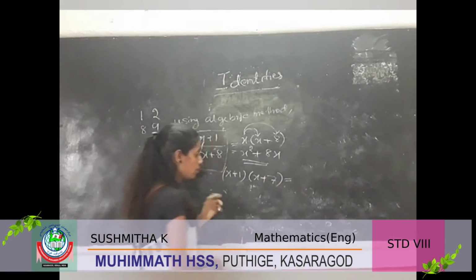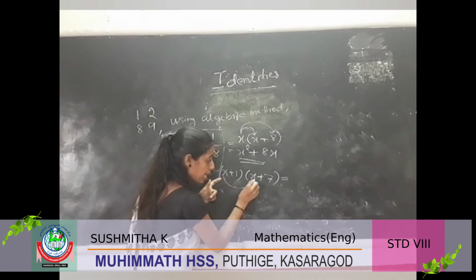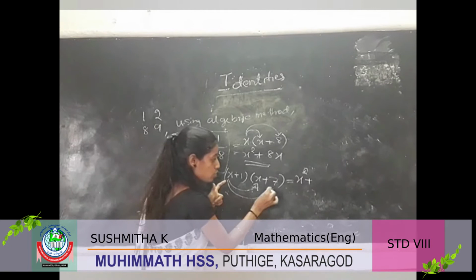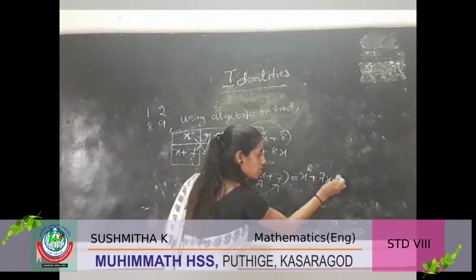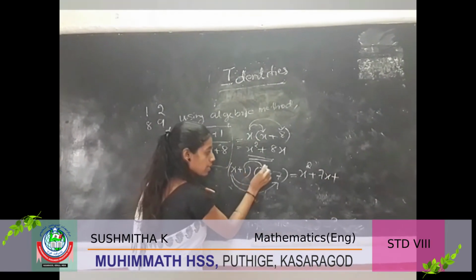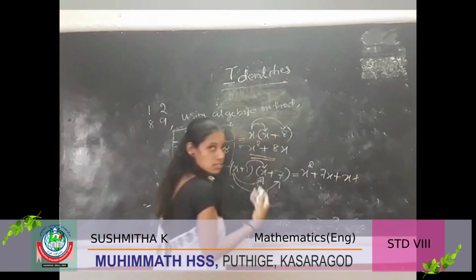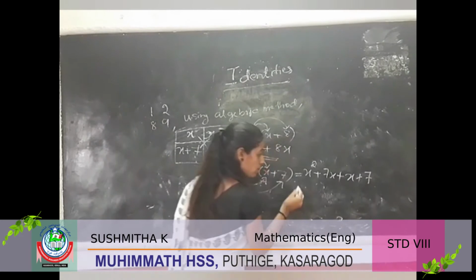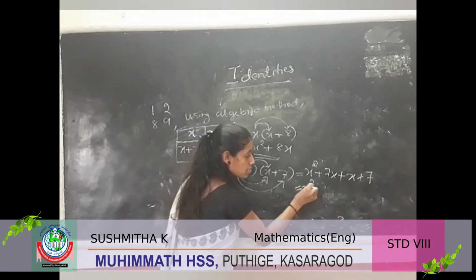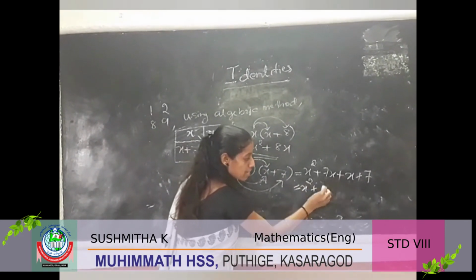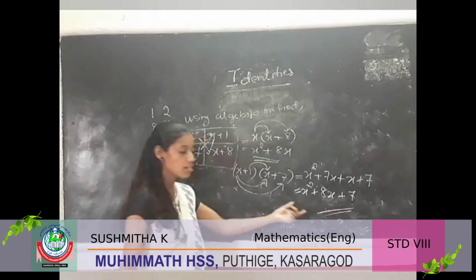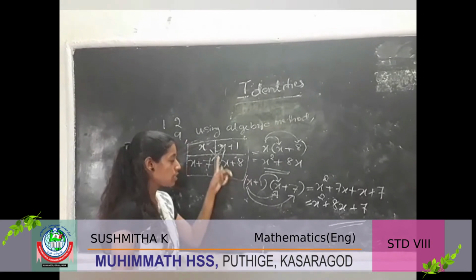So how to write? x into x is x square, plus x into 7 is 7x, plus 1 into x is x or 1x. Then 1 into 7 is 7. So the answer will be x square plus 7x plus x is 8x, plus 7. This will be the second answer, the diagonal product of the second one.